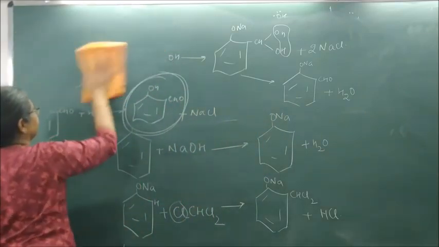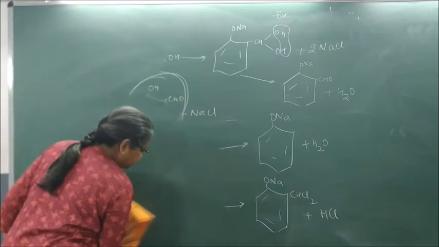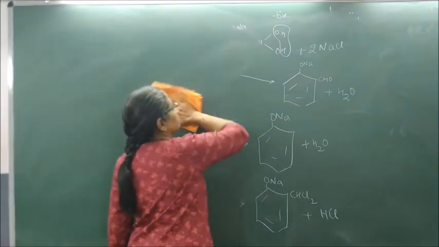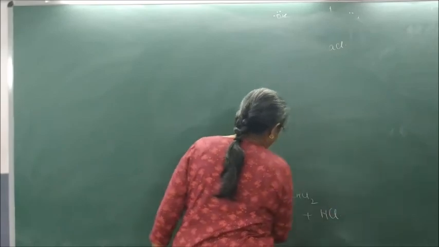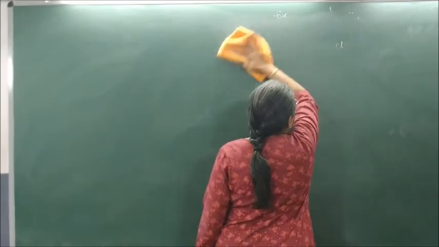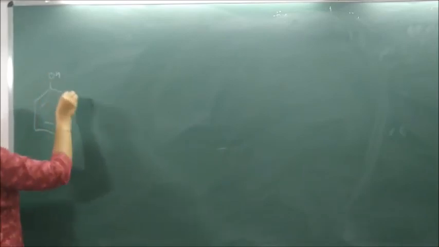Now how is it given in the textbook? In your textbook, the same reaction is given as you have sodium phenate. I think it starts with phenol. Oh no. Okay. You have OH.